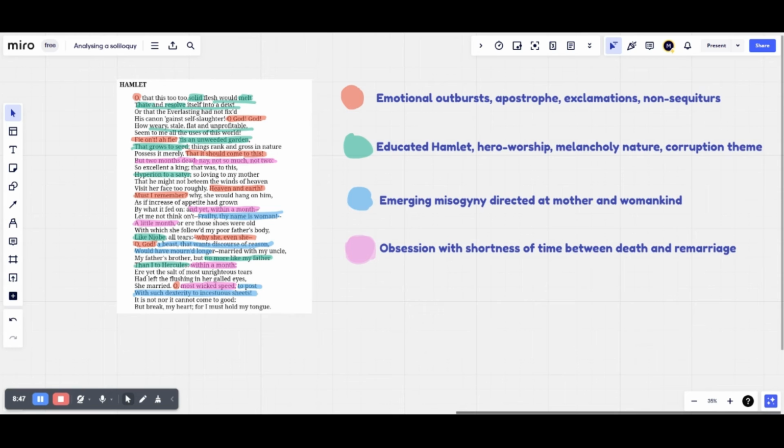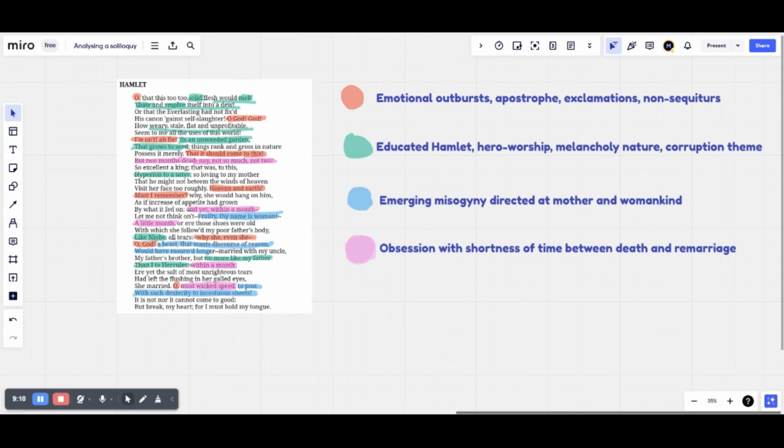A really good one here would be the fixation that Hamlet has with time. He obsesses over the shortness of time between father's death and mother's remarriage. If you want to use a fancy word, it's an idée fixe. It's a French phrase to say an idea that completely consumes his mind.